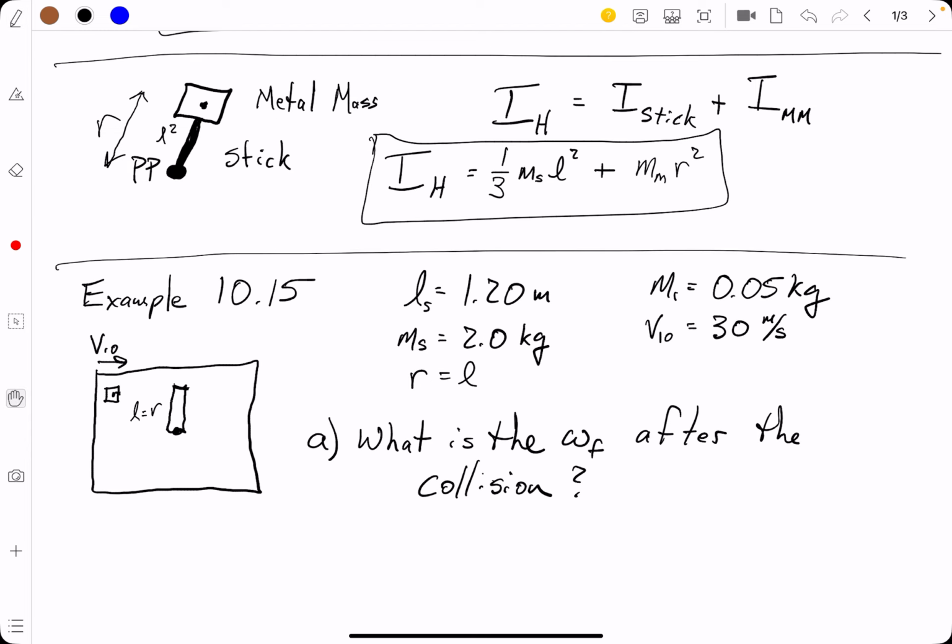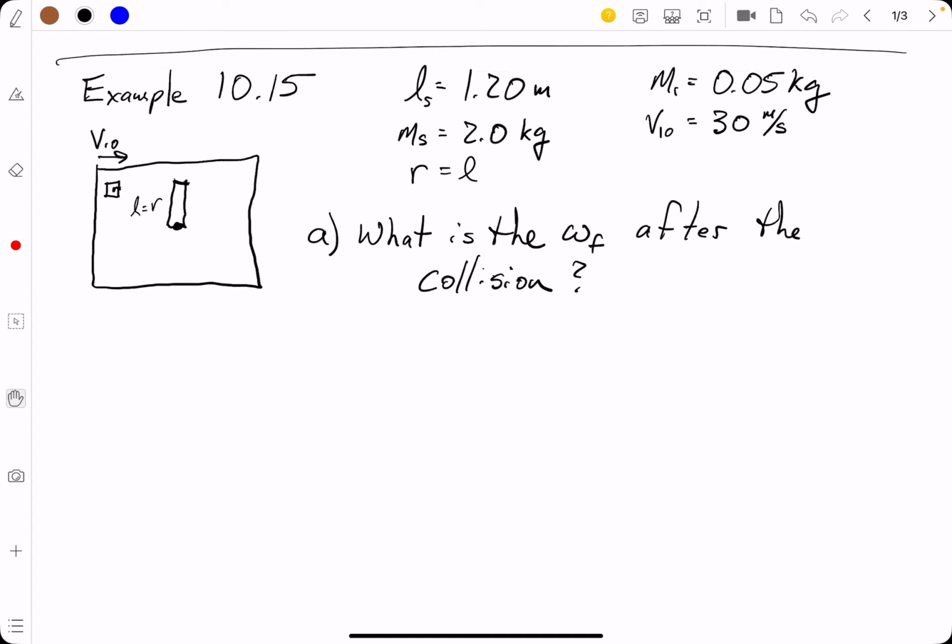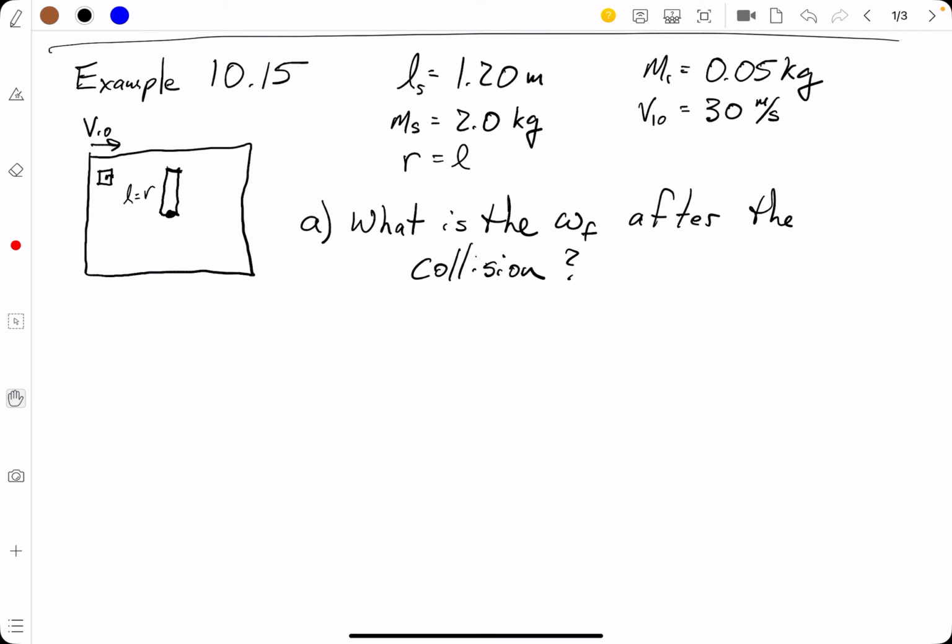Because basically we have stuck one thing onto another thing, and we have to figure out what their total moment of inertia is. That's why we did that. And we're going to keep calm and carry on.